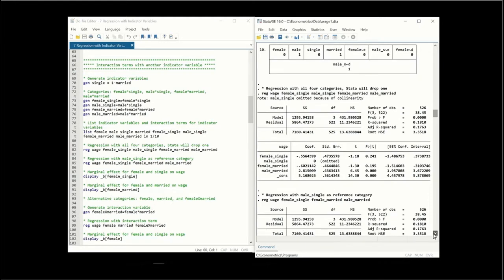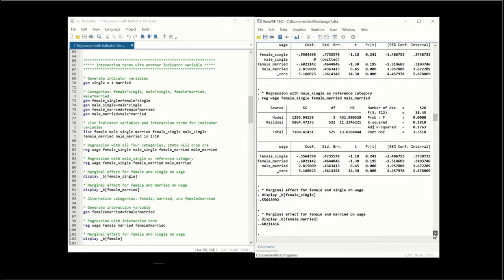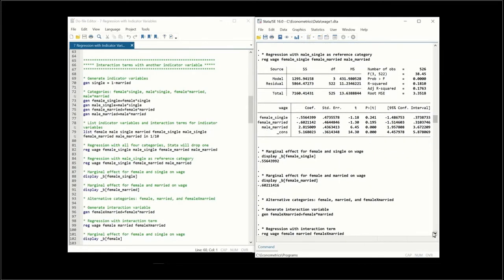Now we can pick which one to be the reference category. In order for this to be a reference category, this variable will not be included in the regression. When we do a regression of wage on, you notice that male single is not included in here. That's the omitted category, and this is going to serve as a reference.